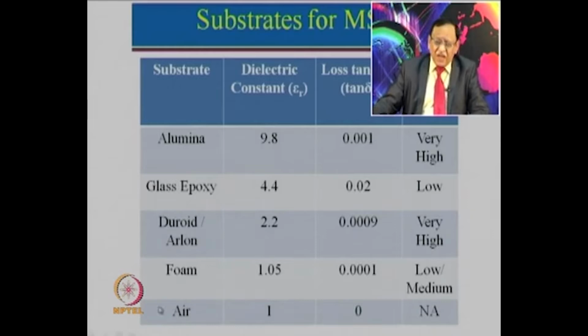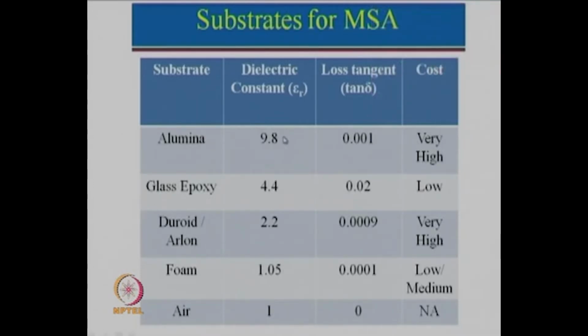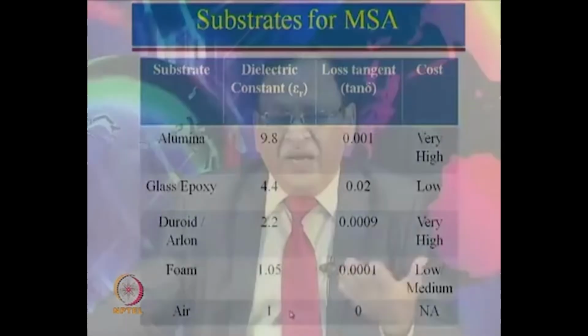So this is a really good alternative, and in fact the lowest dielectric constant also leads to the highest bandwidth among all of these cases, as well as the highest gain. The only thing is how to make an antenna in air, and that is where a lot of thought process has to go, how to use air effectively as a substrate.